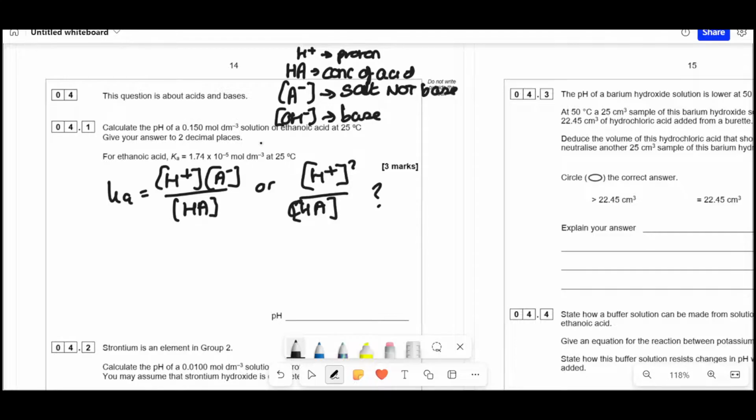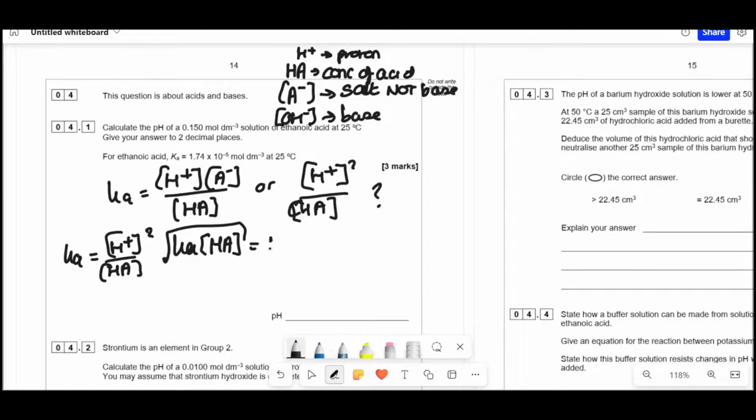So the question's told you've got this solution of ethanoic acid. Is there any salt in it? No salt, so there's no this, so it's this equation. So that means that we've got Ka equals H plus concentration squared over HA. Don't put your numbers in now, rearrange it first. So Ka times HA equals H plus squared.